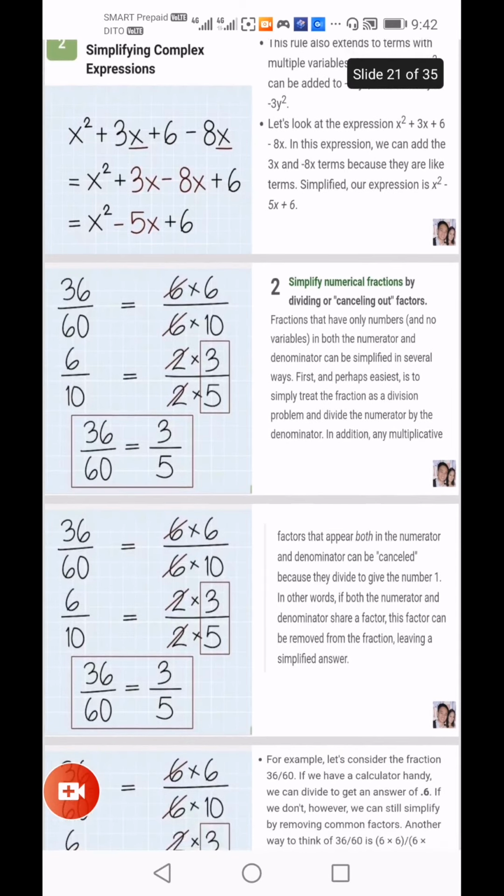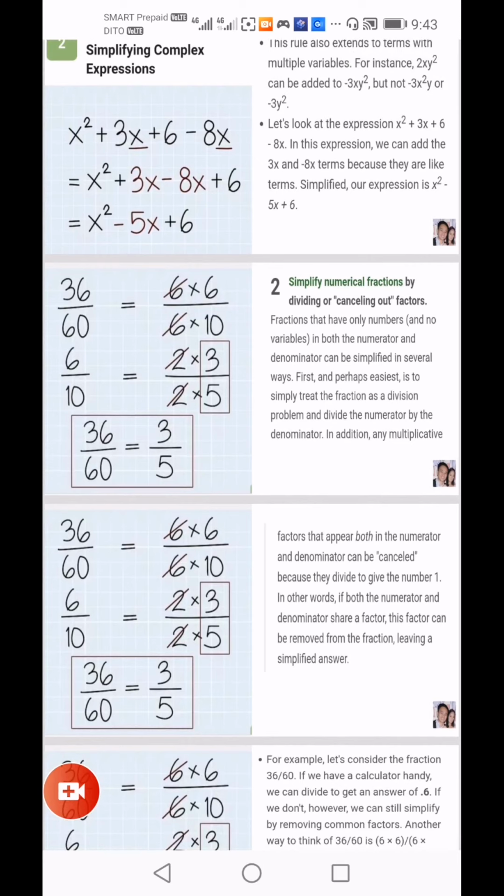Simplify numerical fractions by dividing or cancelling out factors. Fractions that have only numbers and no variables, and both a numerator and denominator, can be simplified in several ways. First, and perhaps easiest, is to simply treat the fraction as a division problem and divide the numerator by the denominator.